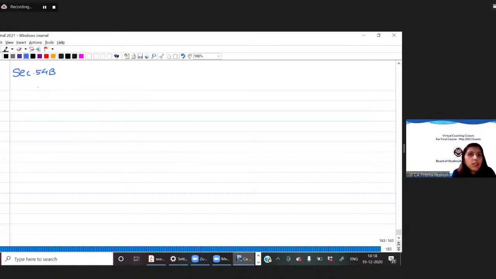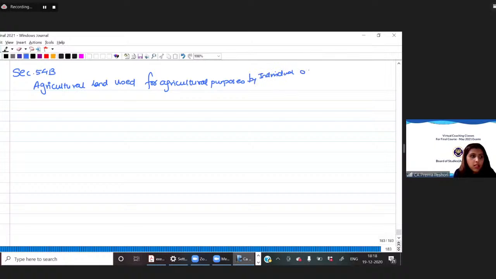It talks about transfer of agricultural land used for agricultural purposes by the individual or his parents 2 years prior to the date of transfer. So 54B talks about agricultural land, right?